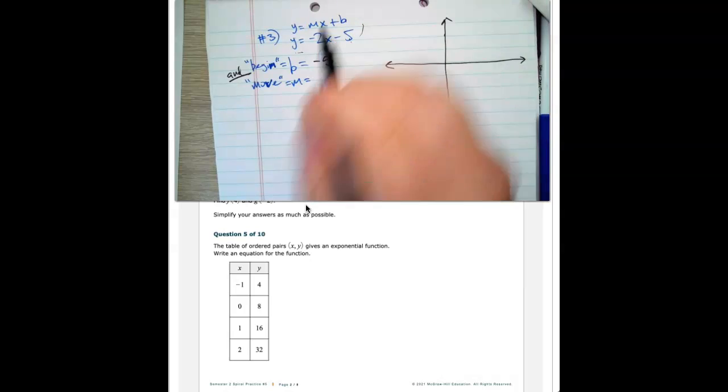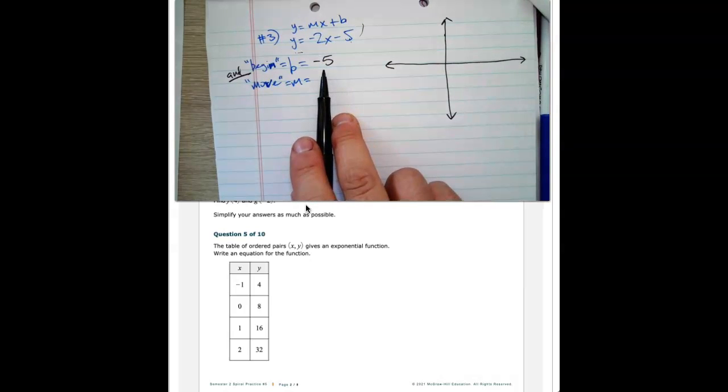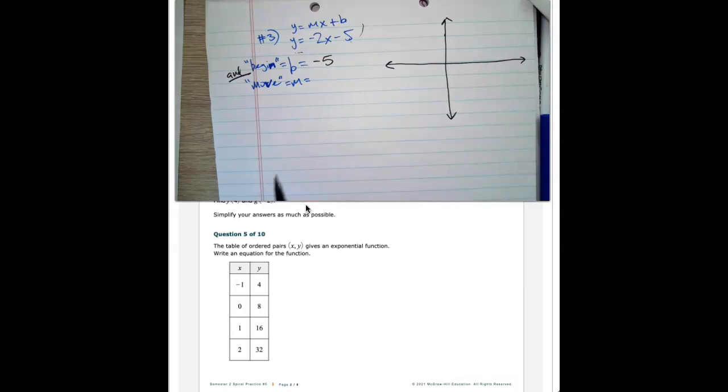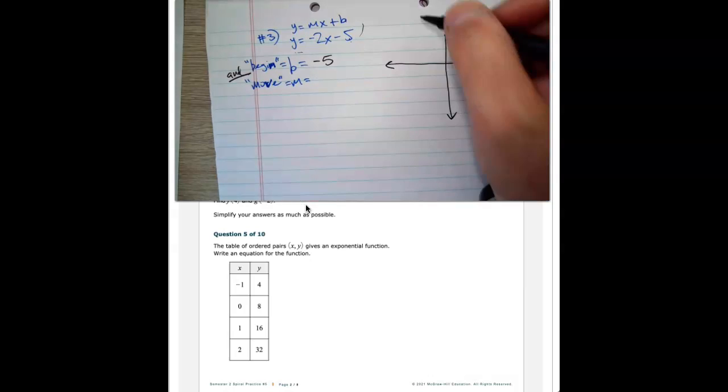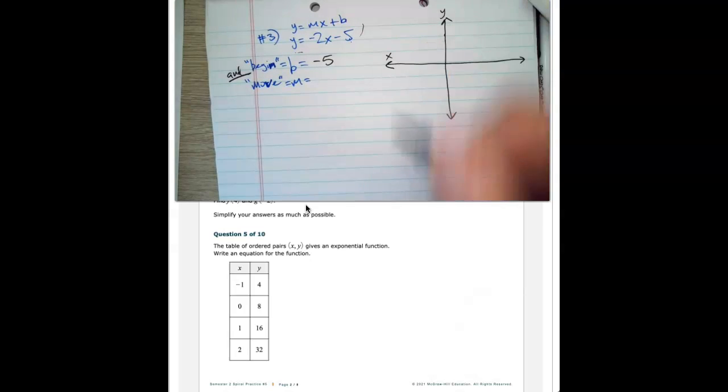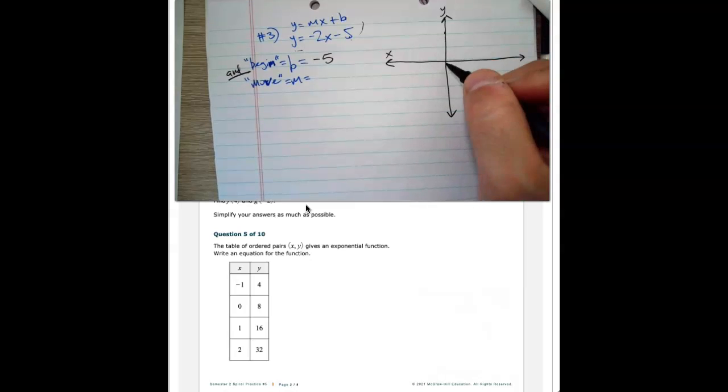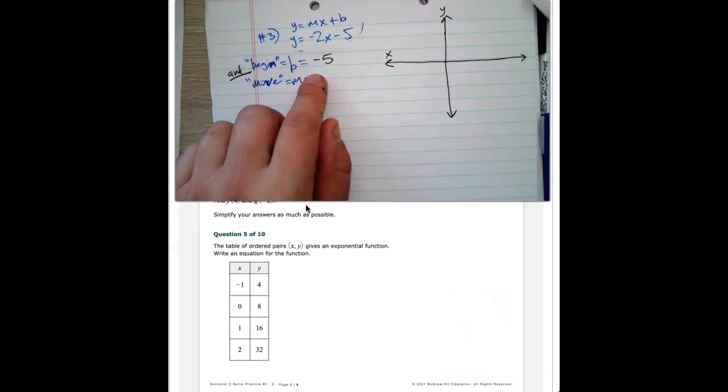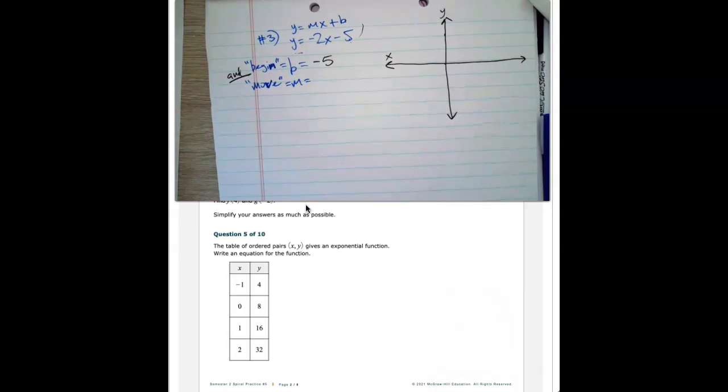Does anybody know what to do if you begin at negative 5? Where do I go to get to negative 5? Which direction do I move in from the origin? Of course, you always start at the origin, and since b is negative 5, where do I go first?